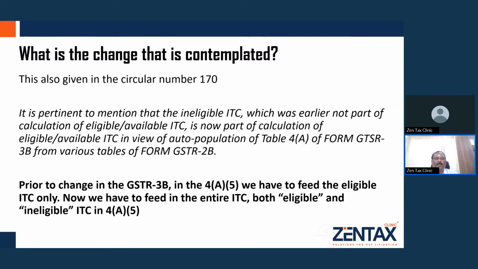Now this is changed. Now we have to feed the entire eligible and ineligible ITC in 4A5. 4A5 is nothing but all other ITC, so all other ITC you have to feed in GSTR 3B.